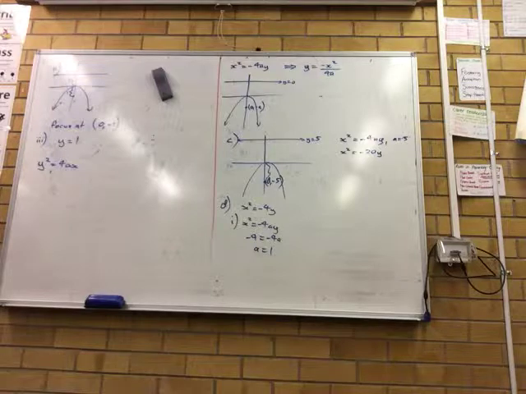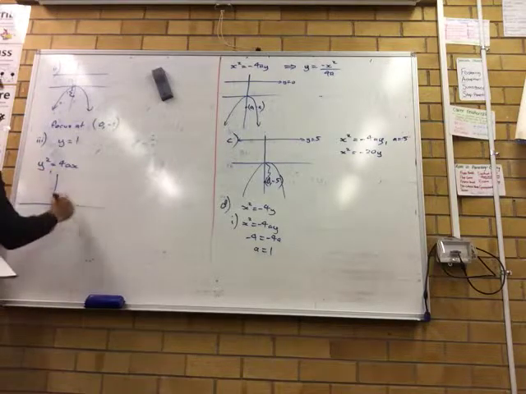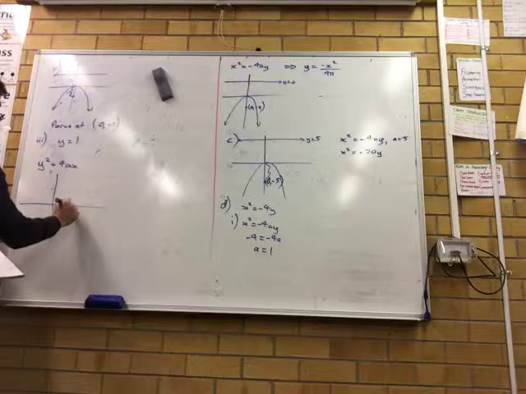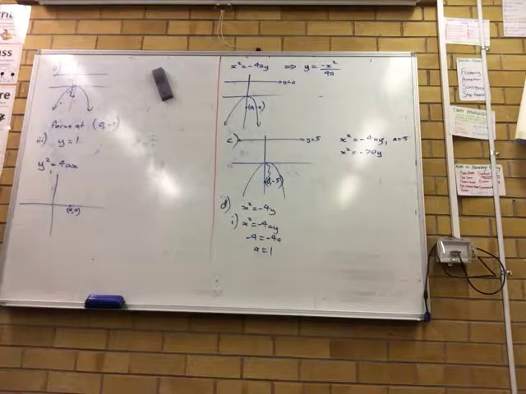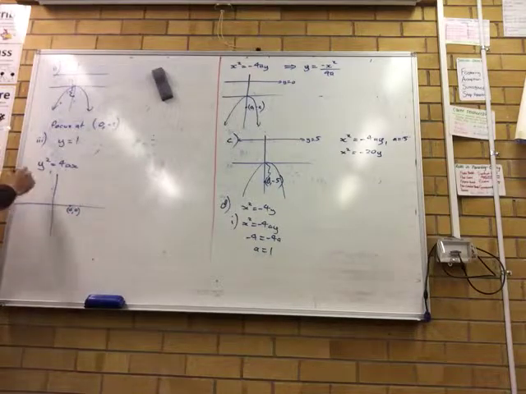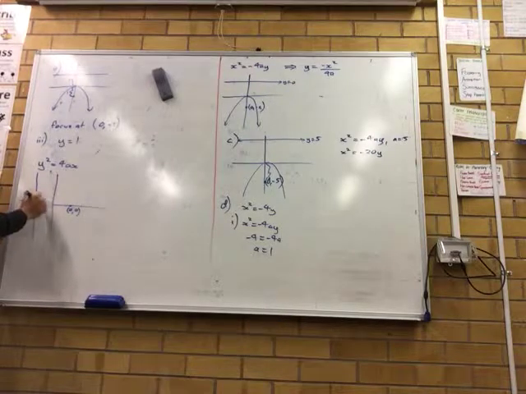So, the locus of the point P, moving so it's equidistant from the point a, 0. So a, 0 is out here, so now I've got the focus on the x-axis, and the line x equals negative a. The x equals means it cuts the x-axis, and that is at point negative a.